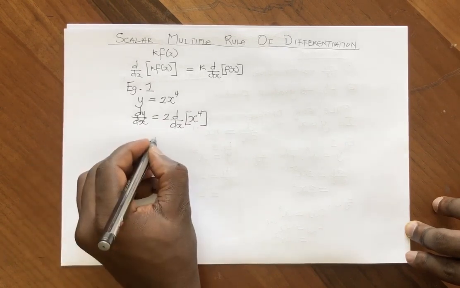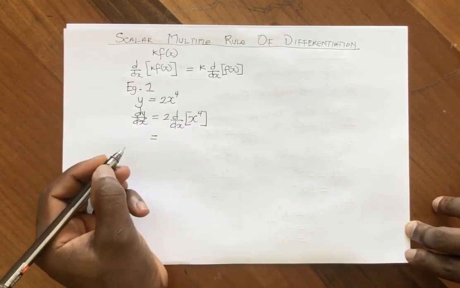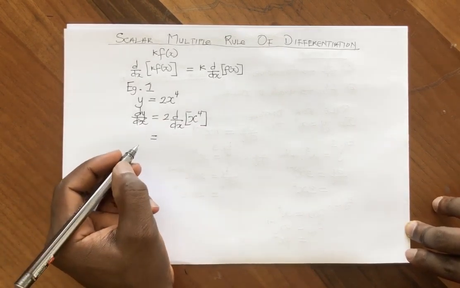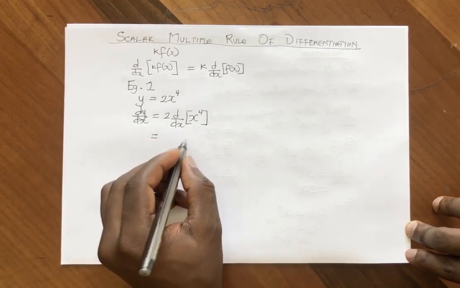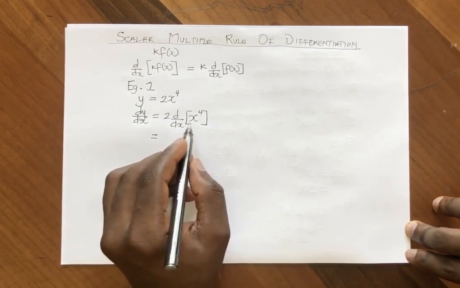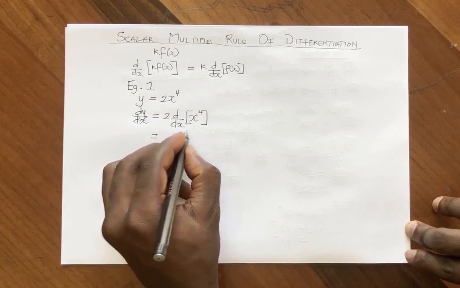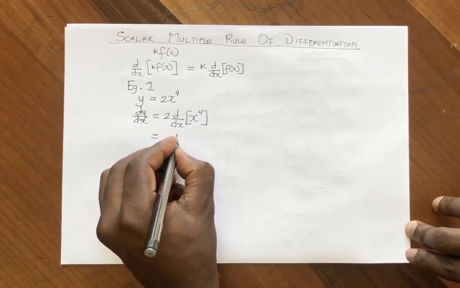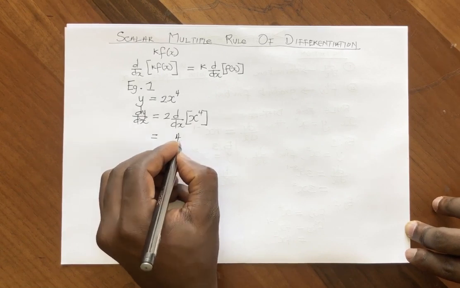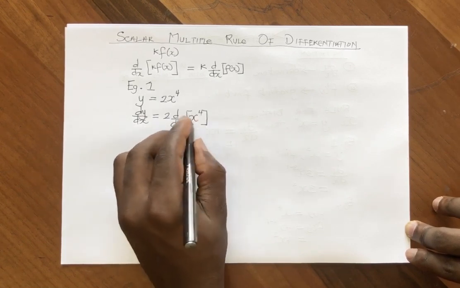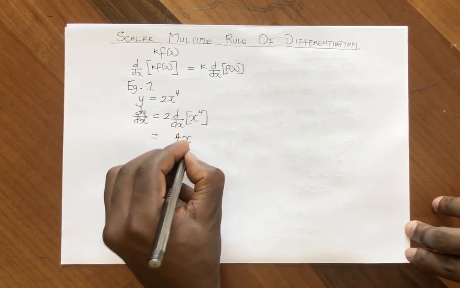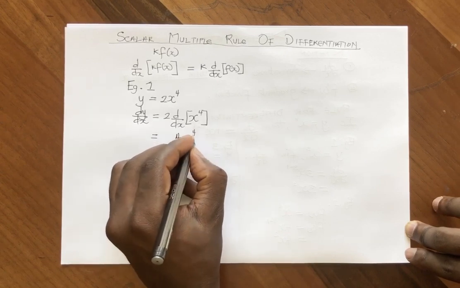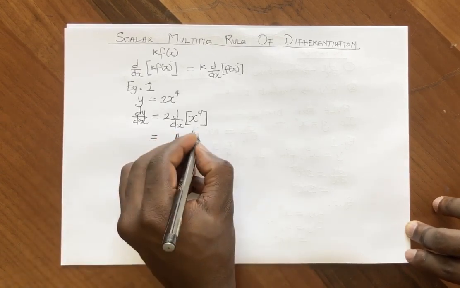Remember in our introductory video to differentiation, we said when we are differentiating a function, we first let the power come down. Okay, so that is 4. Then you write the function, which is x raised to the power 4. Then subtract 1 from the power.